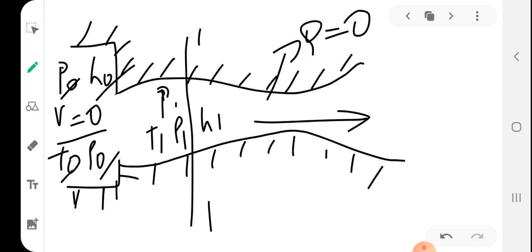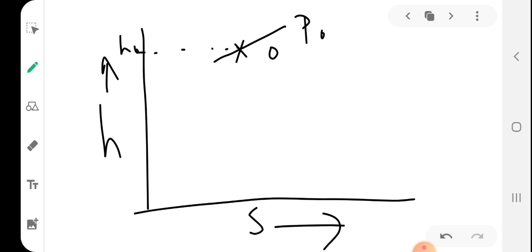So any downstream location of the flow can be located directly below the stagnation point. Why? Because where can we mark 1? Directly below, since this is an isentropic process, we can draw a vertical line downwards, right?